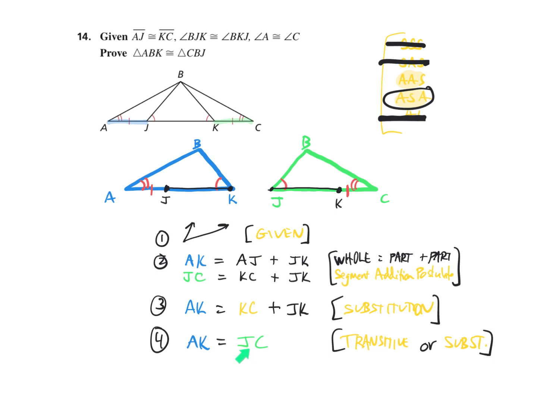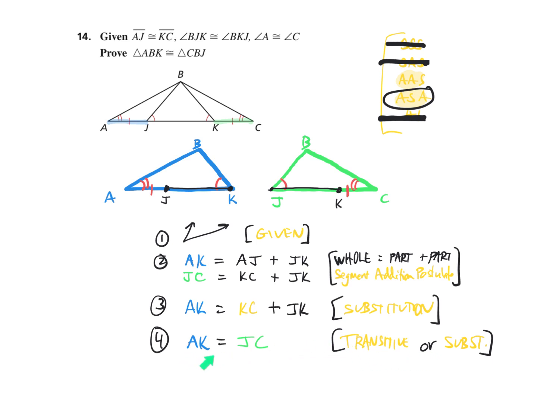And that's a transitive property of equality. We could also say substitution, because we could have said, hey JC, you're equal to KC plus JK. So JC, you're going to go in the game, the blue game, you're going to sub in for KC plus JK. So instead of KC plus JK, JC takes its place. So we can think of this as the transitive property or the substitution property.